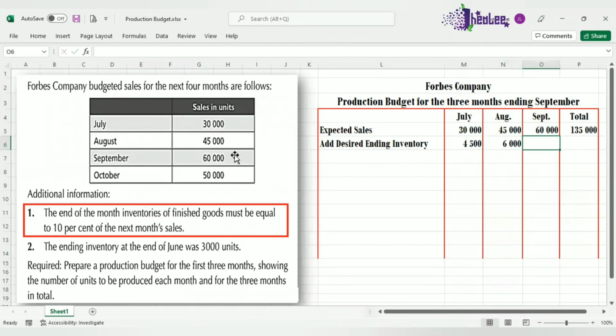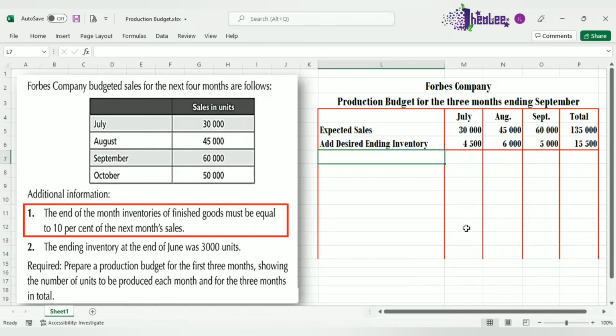And for September, it is 10% of October's sale, and that is 10% of 50,000. So that gave us $5,000. The total desired ending inventory would be the 4,500 plus 6,000 plus 5,000, and that gives us a total of $15,500.